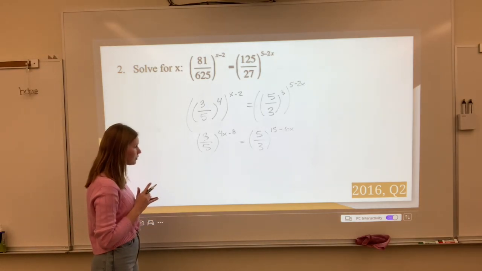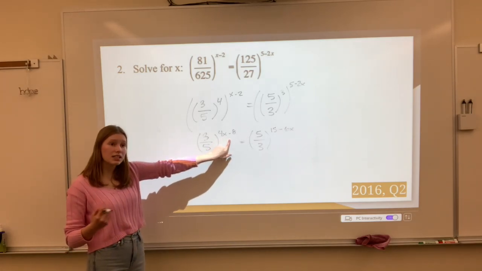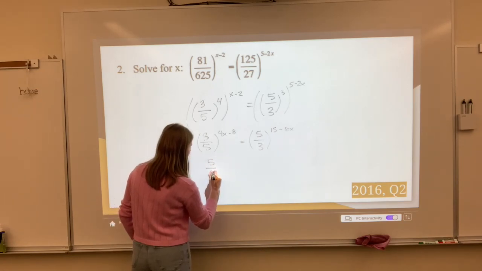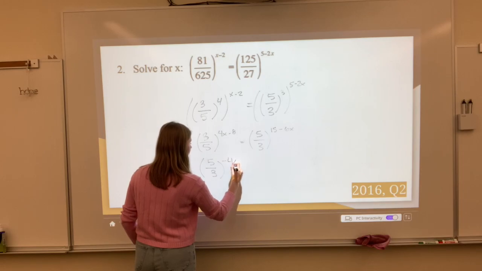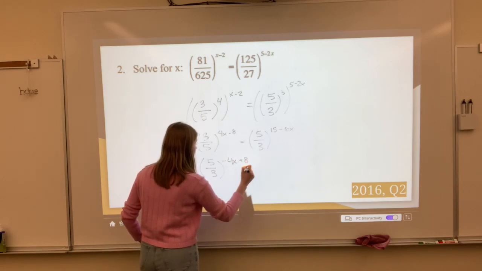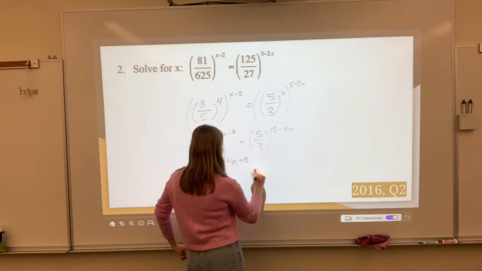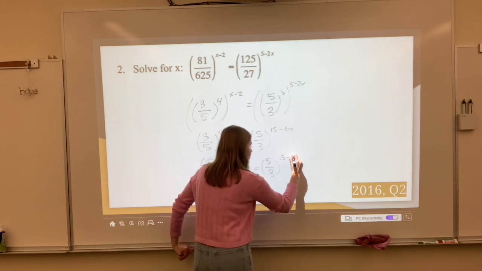So, 3 over 5, if I make our exponent negative, it's going to be 5 over 3 raised to the negative 4x plus 8, don't forget to distribute to both parts, equals 5 over 3 raised to the 15 minus 6x.